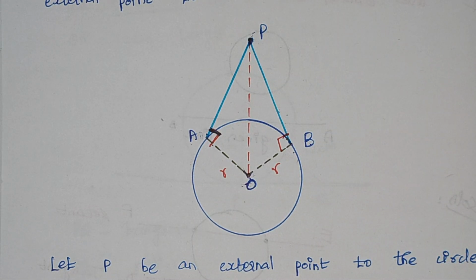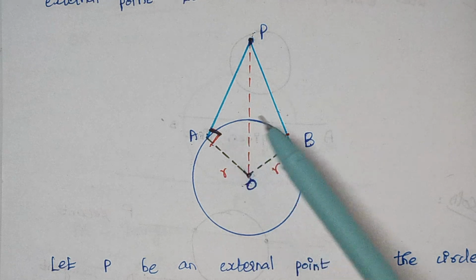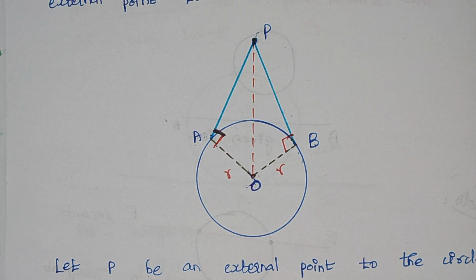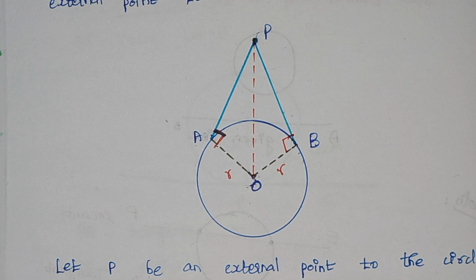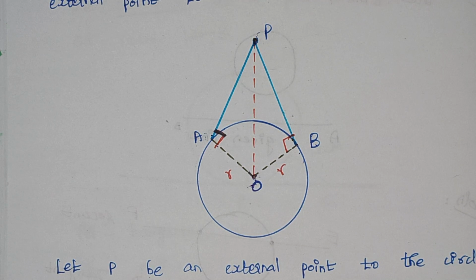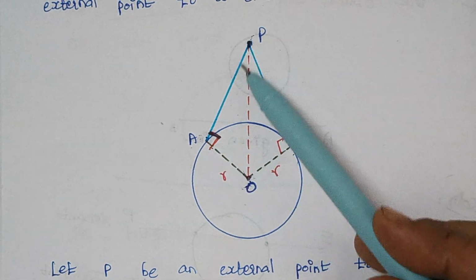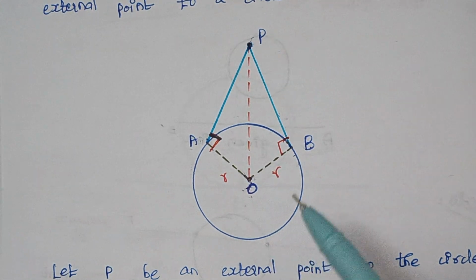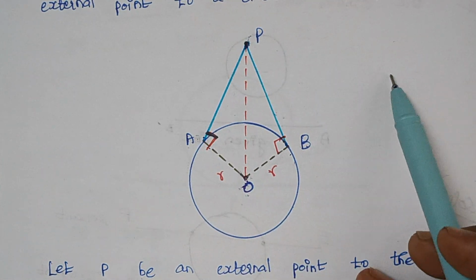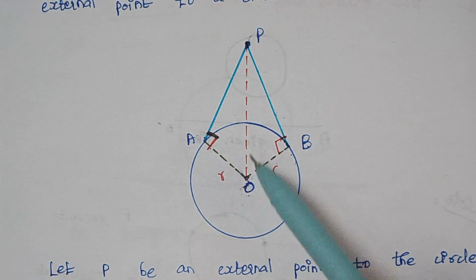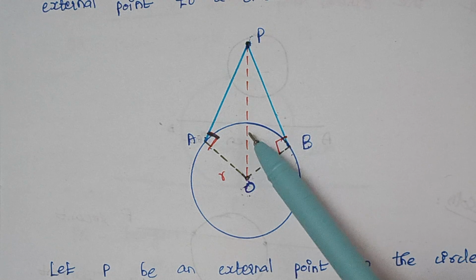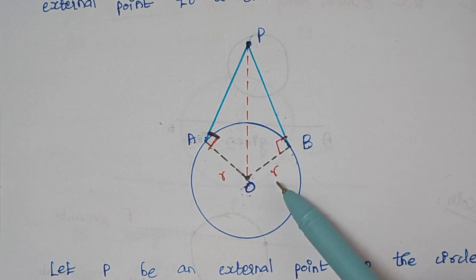When you examine these two triangles, you see the side OA is equal to OB because both are radii of the circle. That is our first thing.